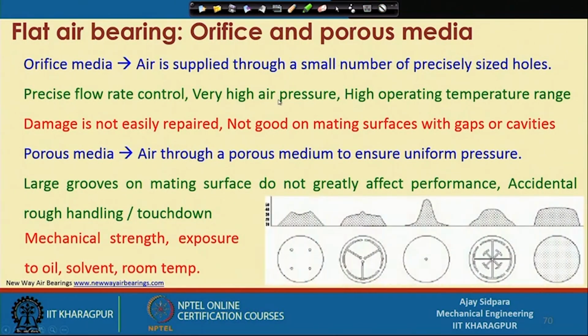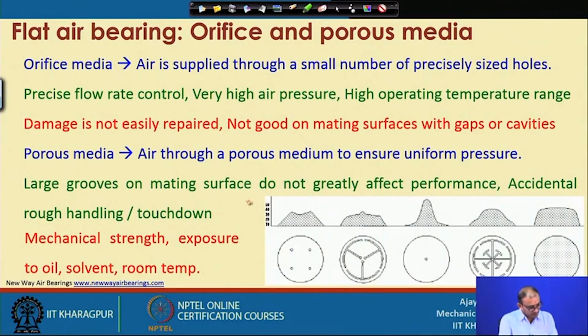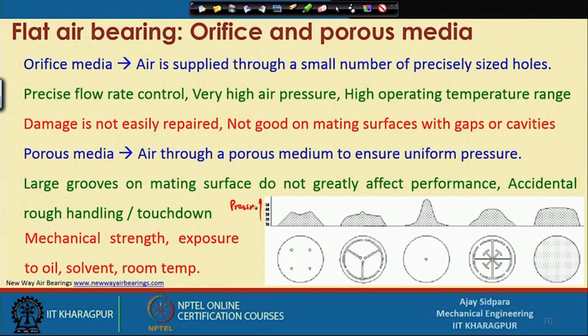Now, you can see this is the profile of the pressure. So, this is the pressure, right. This is the orifice type and we are putting only 4 orifices. Now, you can see that these orifices are matching with the peak pressure, and there is no material available, no space available, nothing is available in between.